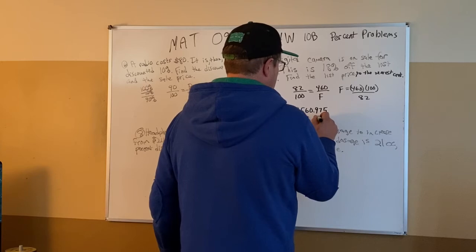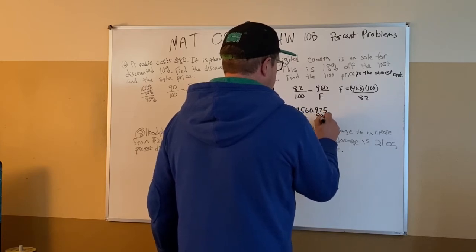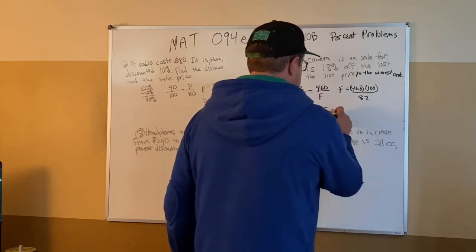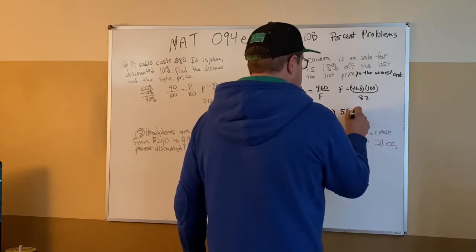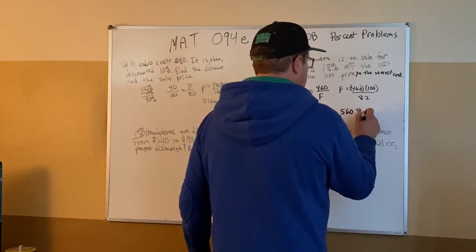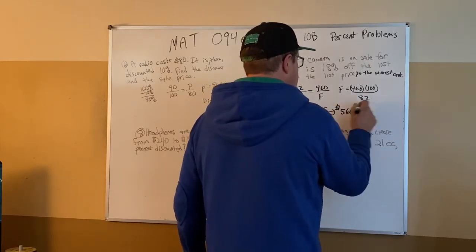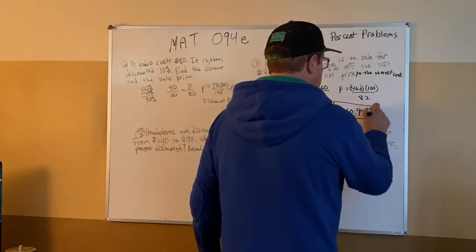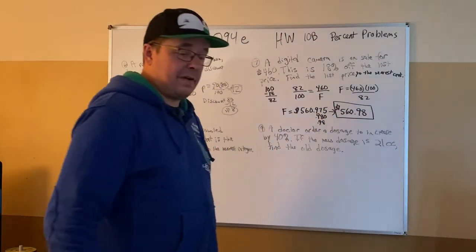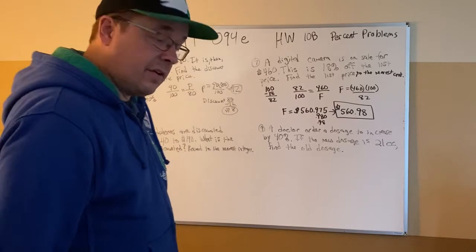So now we go with 0.975 and go like to 0.980 and 0.98. So this is going to get me to 560.98. Of course, probably MSRP. We know the way things end. It's probably 560.99, but there you go.